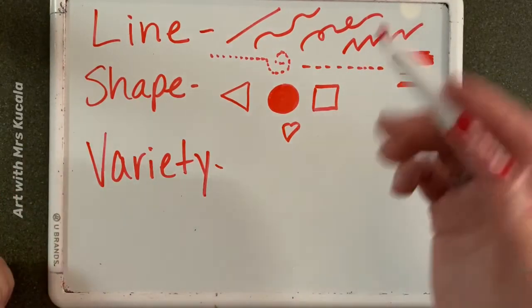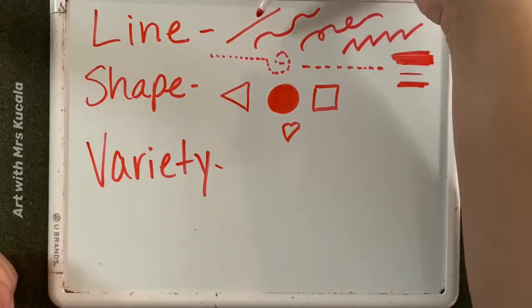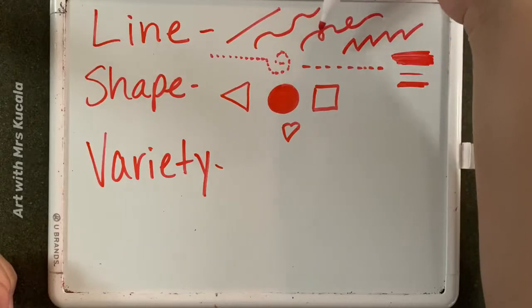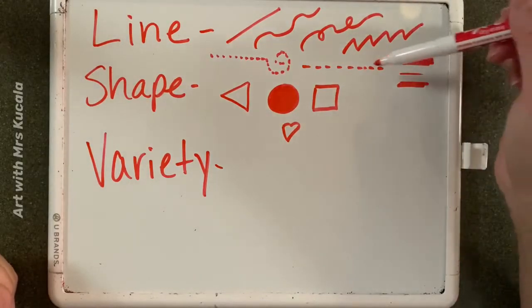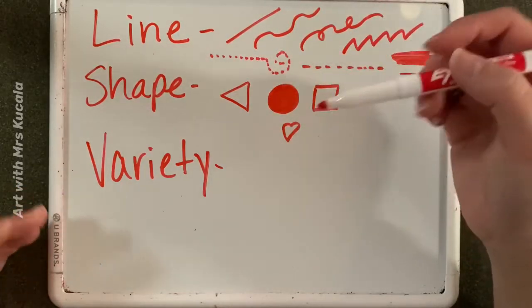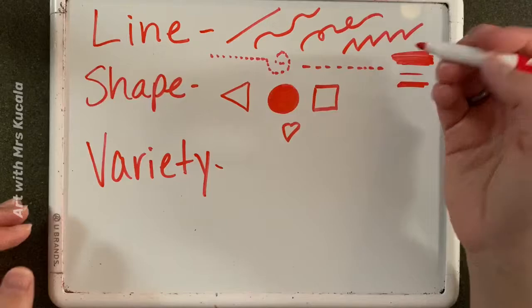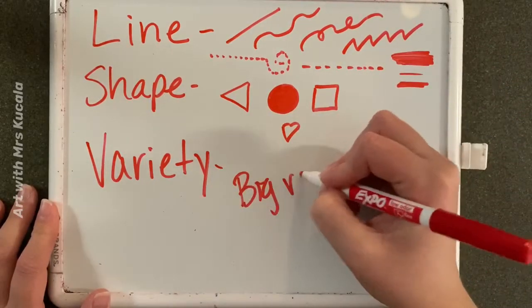So if I want a variety of lines, here's a good variety of lines because I have ones that are straight, curvy, curly, zigzag, thick, thin, medium, broken, curved, okay? So variety can describe lines. Variety can also describe things like big versus small.